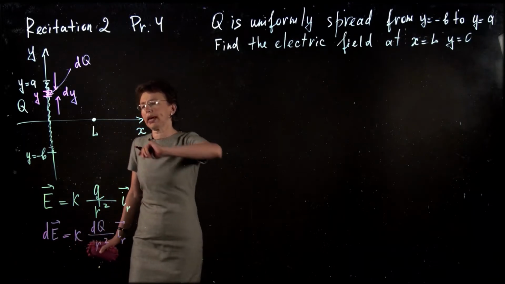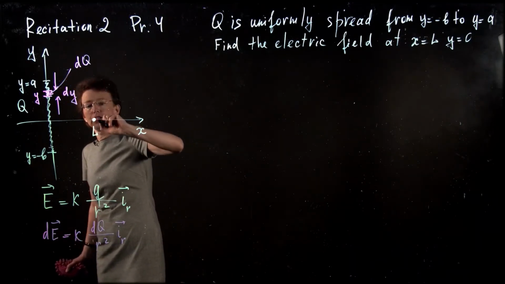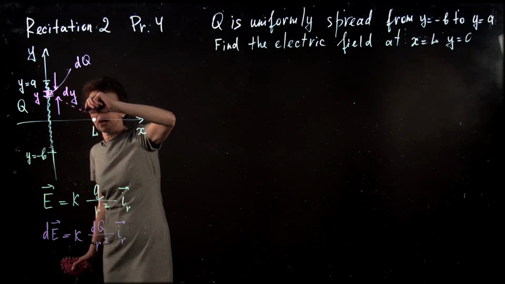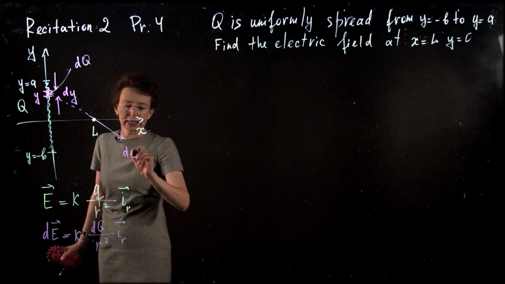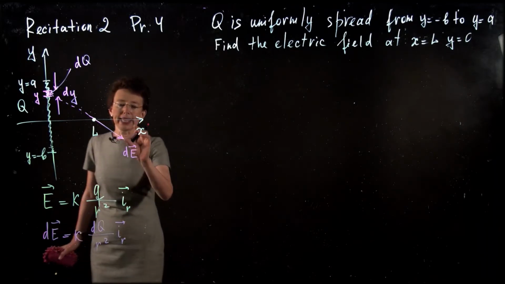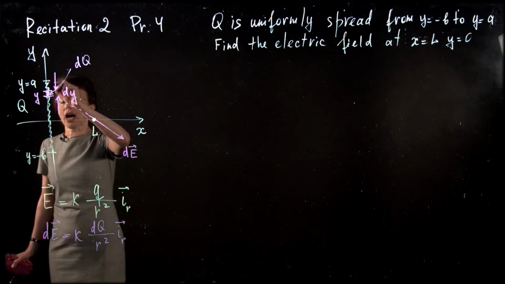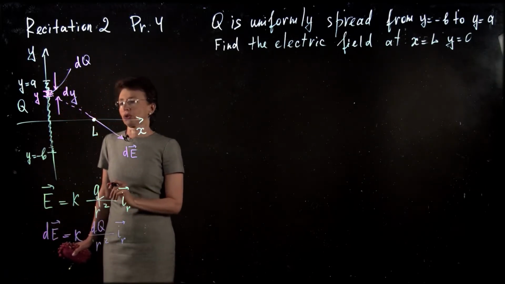So let's draw this electric field created by dq at this point. The electric field will be along this line. This is dE. All I need to do now is find the x and y components of this electric field, and then I will integrate it from minus b to a along this rod.